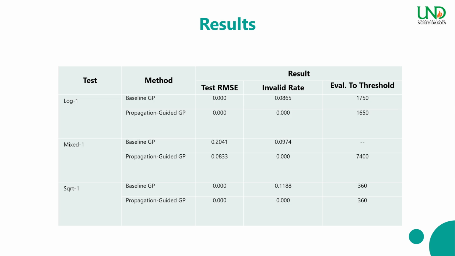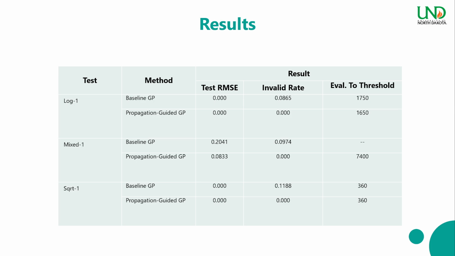It's likely that the genetic algorithm figured out the exact solution itself, which is not hard. It's a very simple expression. The big difference is the mixed one, where it never figured it out fully, so it never got to a threshold evaluation.